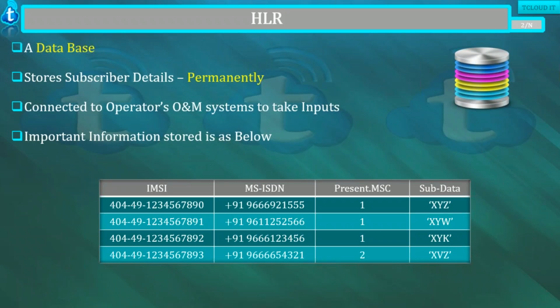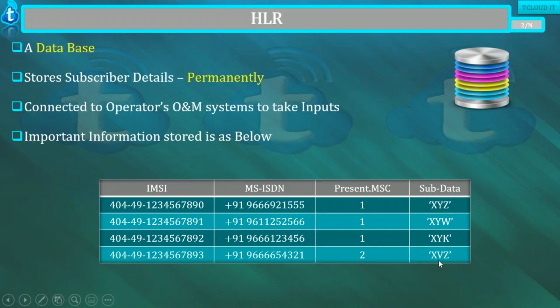Out of these many records, the only thing that could be changing continuously is your present MSC, because there is a possibility that one mobile user can be moving from one MSC area into another MSC area. That is possible. So this MSC information might keep getting updated every now and then, depending on the user's movements, wherever he is going.